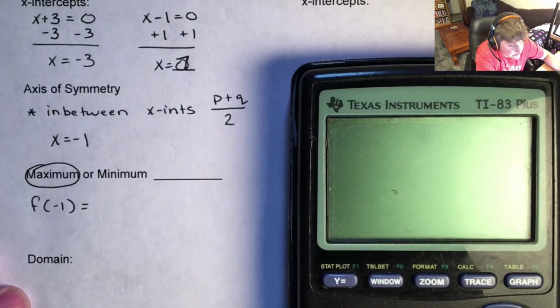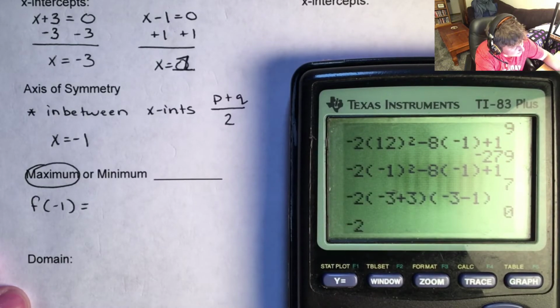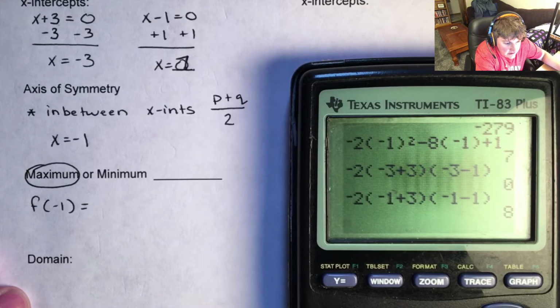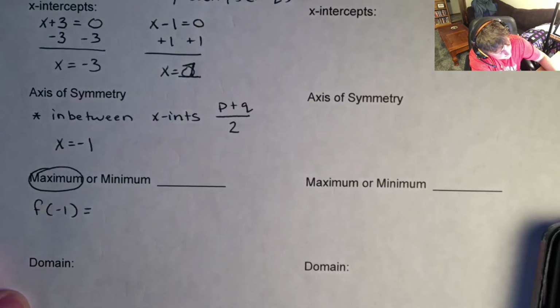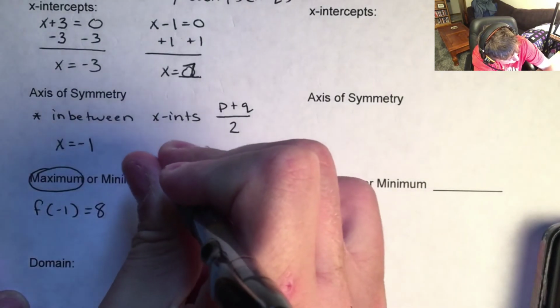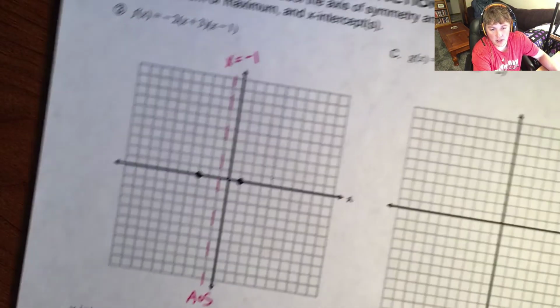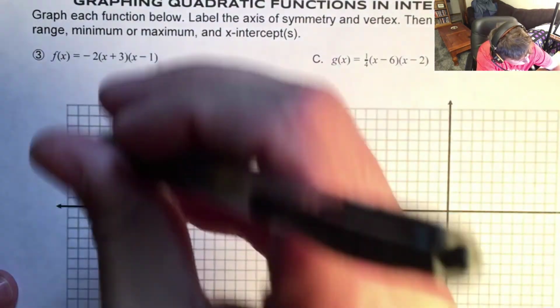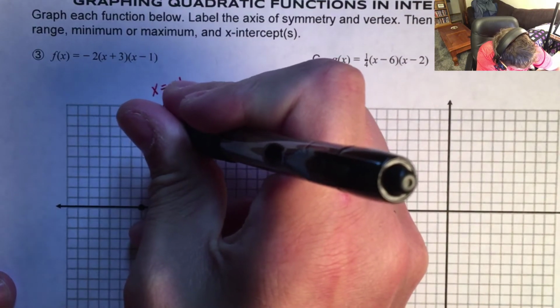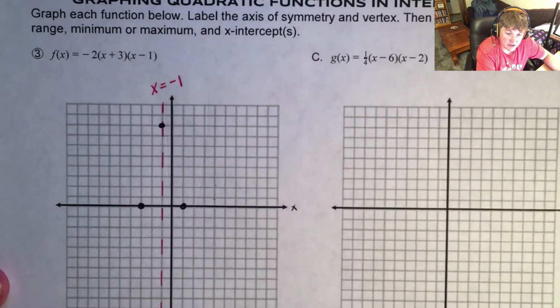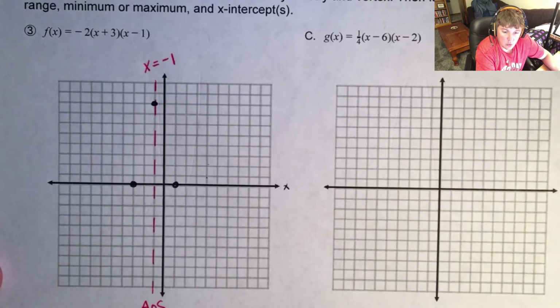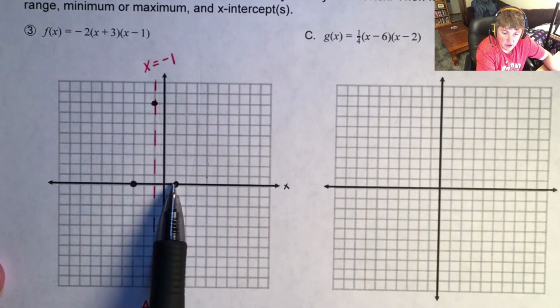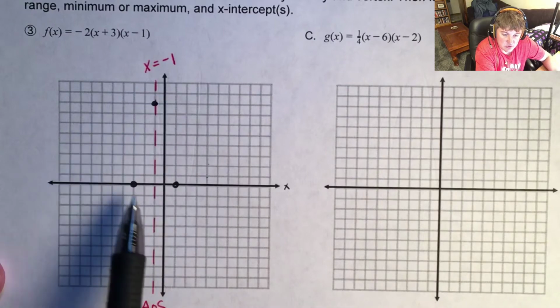So here I can go -2 times (-1 plus 3) times (-1 minus 1). Okay, and then this is a +8. So I have a maximum of 8, and that is going to be on my axis of symmetry. Okay, so we now have the x-intercepts and the vertex, we just have to find one point in between.